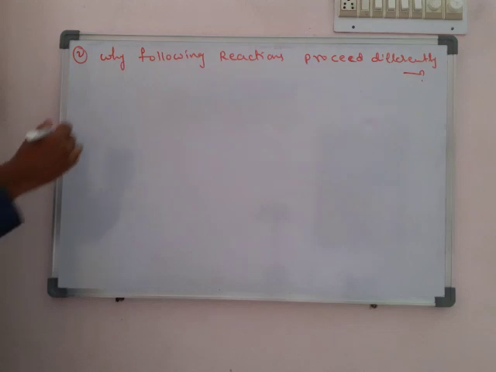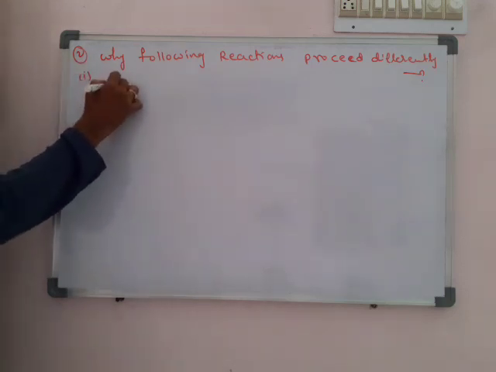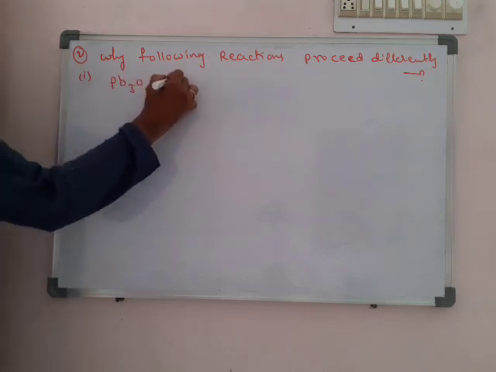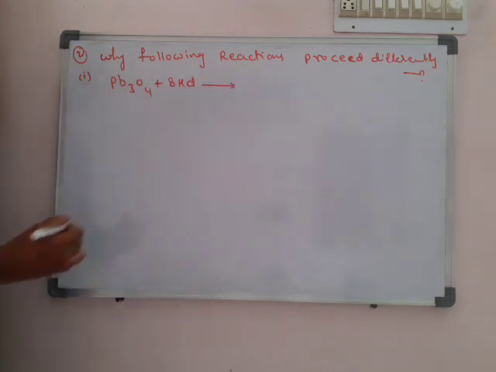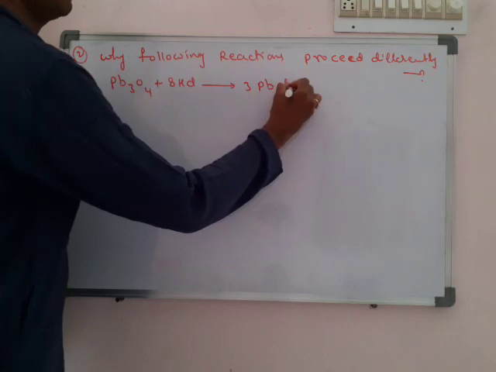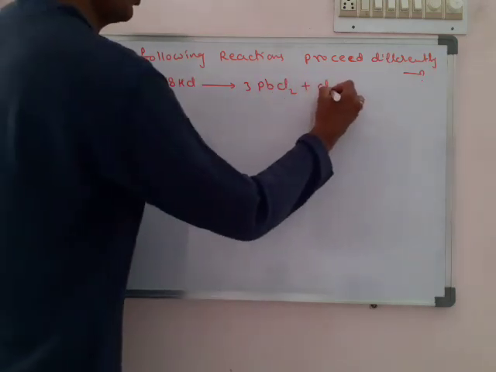Okay, see the reactions. First, we see the only first reaction, Pb3O4. So these are given question. Okay, HCl gives 3PbCl2 plus Cl2 plus 4H2O.